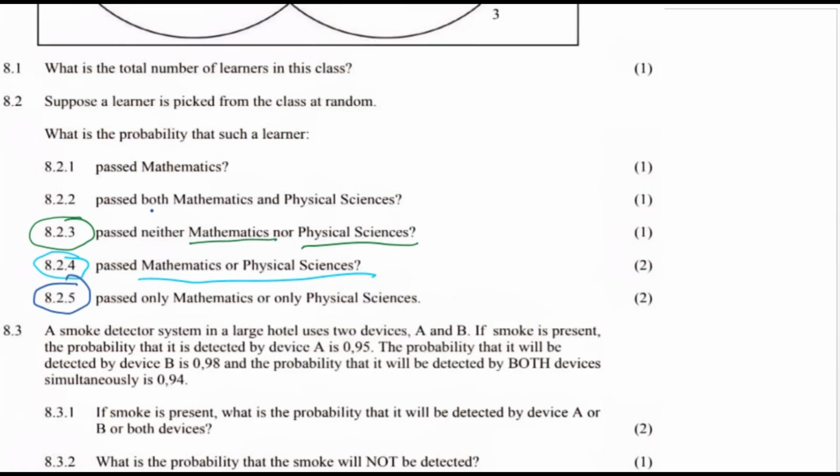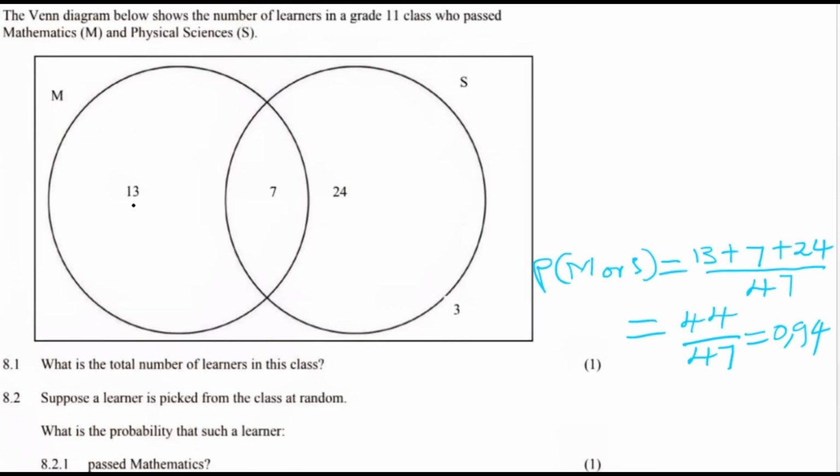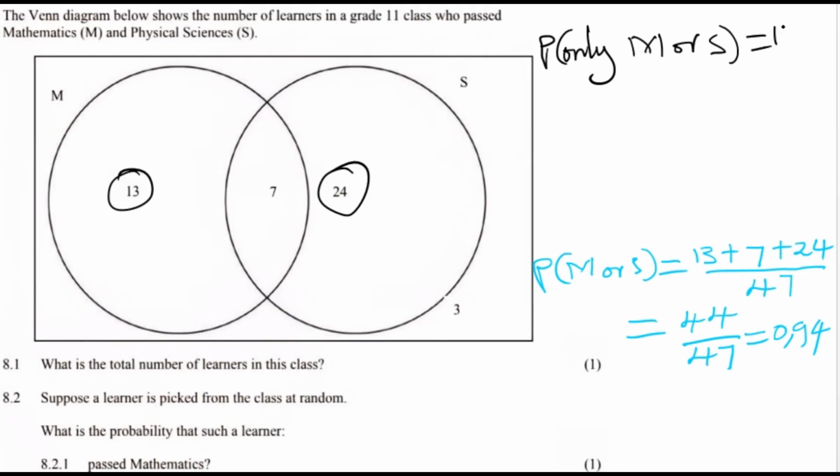8.2.5. What is the probability that such a learner passed only mathematics or only physical sciences? We have 13, who passed only mathematics, and then 24, who passed only physical sciences. So the probability of only mathematics or only sciences will be 13 plus 24, all divided by the total number, which is 47.